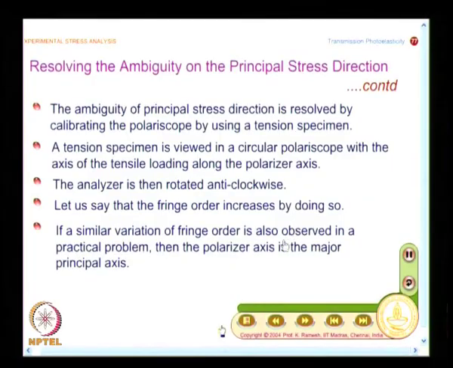I go to an actual experimental model, identify a point of interest and then rotate the analyzer. If the fringe order increases, then I say the polarizer axis coincides with the major principal stress direction. So, this is the kind of calibration.